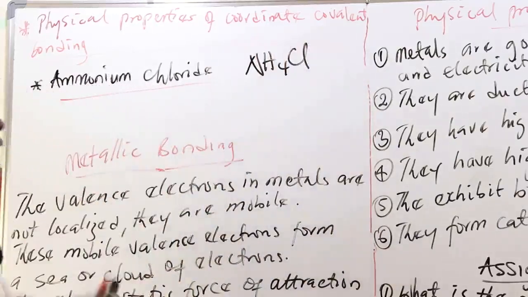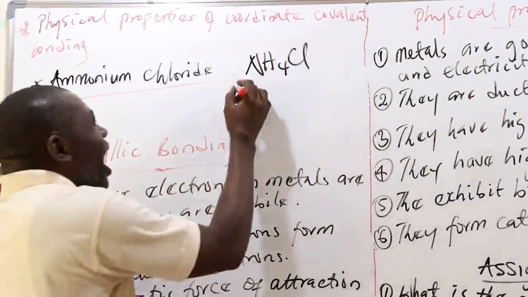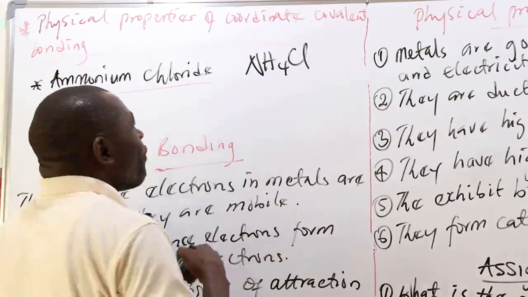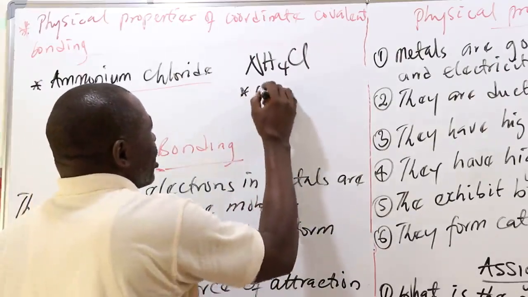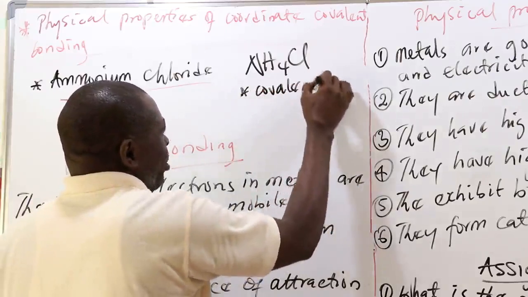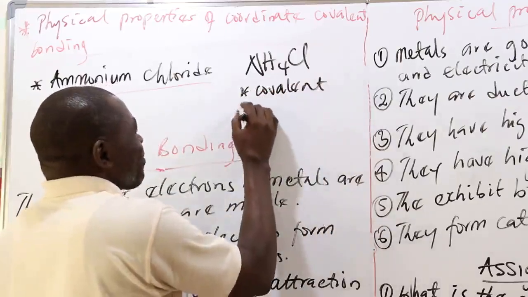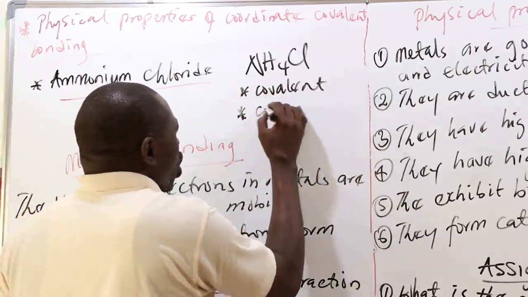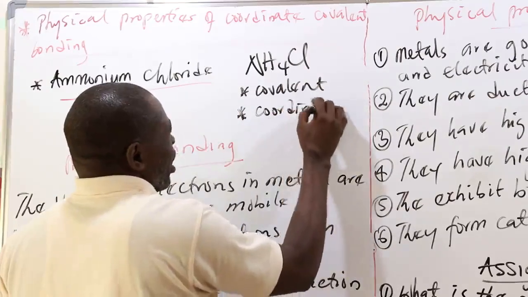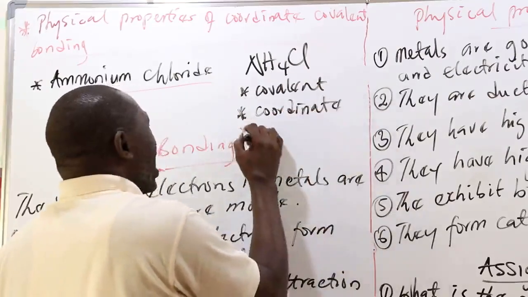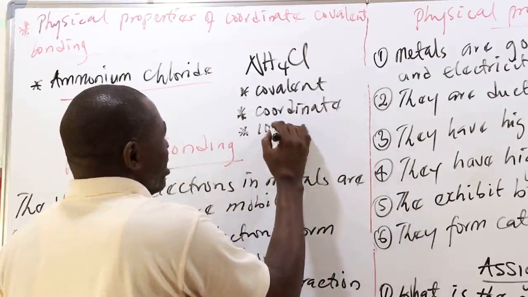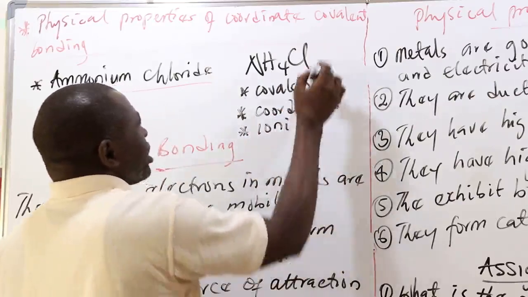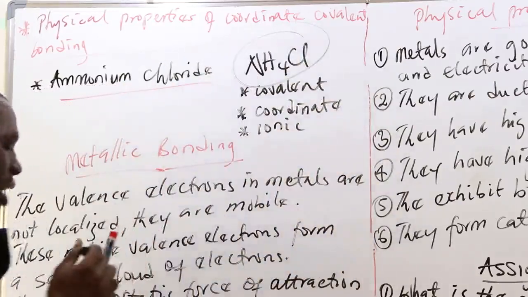In this compound, we have covalent bonding, we have coordinate covalent bonding, and then we have ionic bonding.